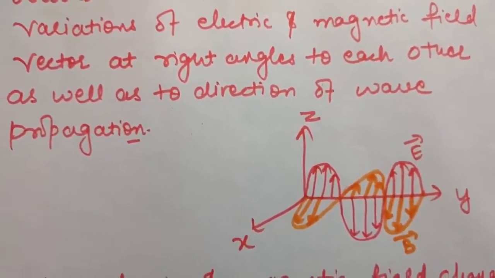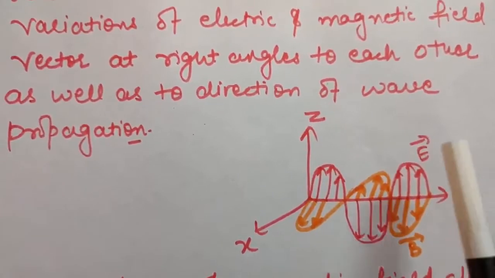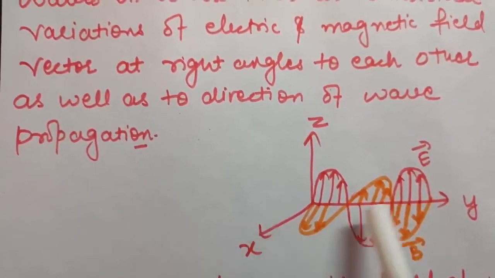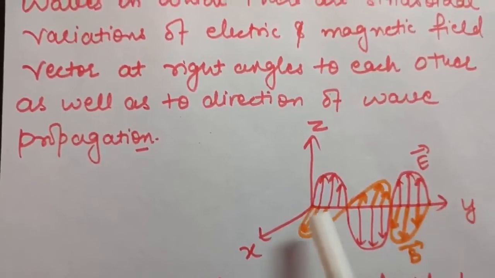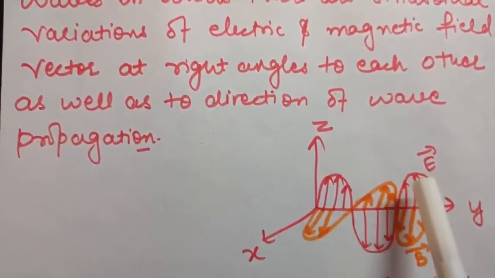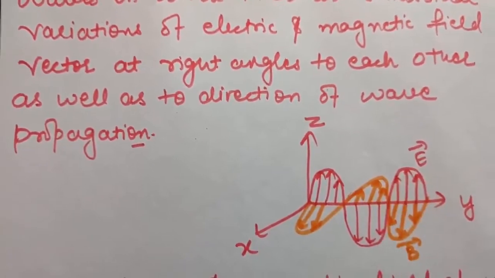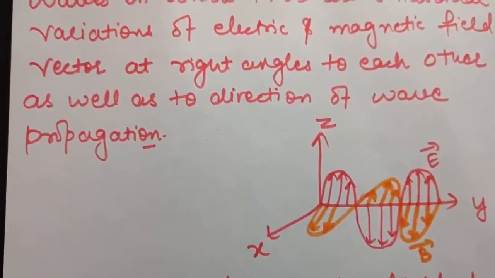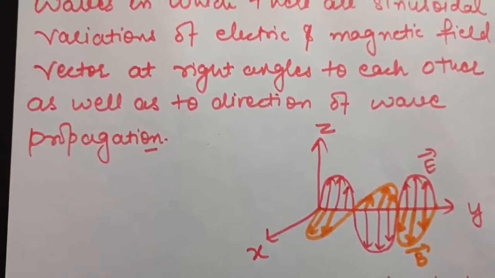So this becomes an electromagnetic wave because E and B are perpendicular to each other as well as they are perpendicular to the direction of propagation, because direction of propagation is in y direction, E is in z and B is in x. So all the three are mutually perpendicular to each other. So such a wave is called electromagnetic wave.